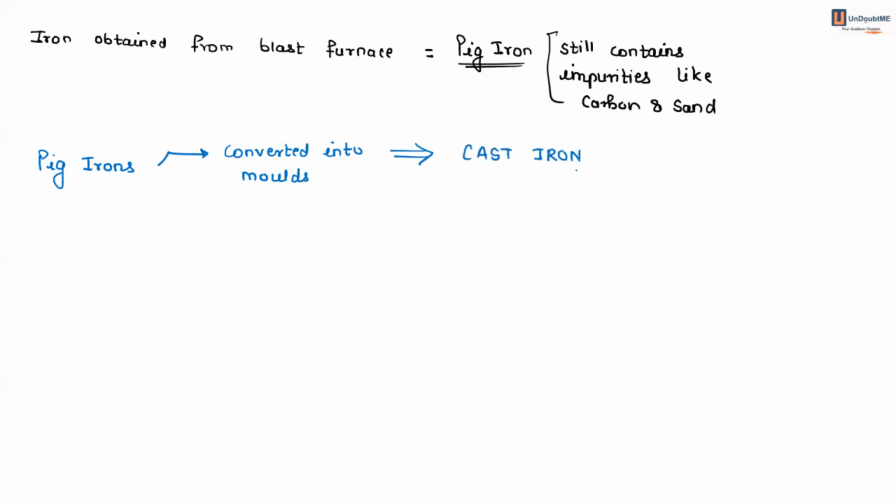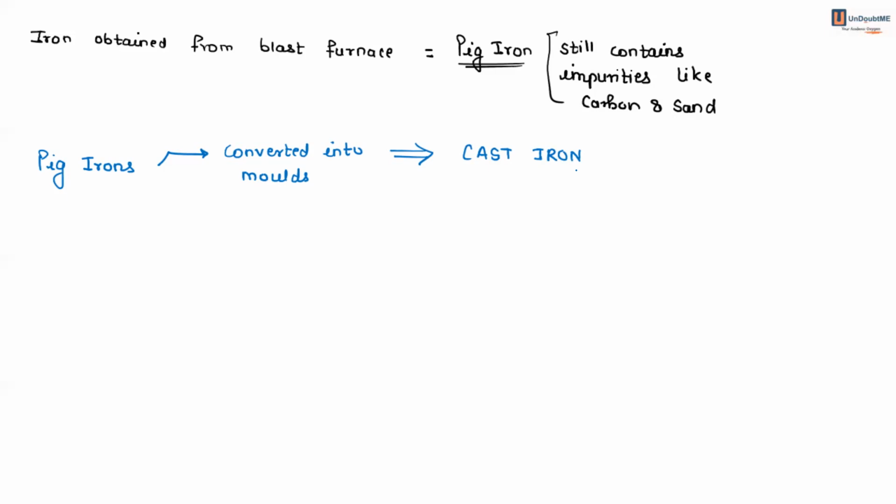Now where is this cast iron used? You know the drainage lids on the road, you can see. The lids especially are made of cast iron because they do not require that much pure iron. So it's used on the roadsides.